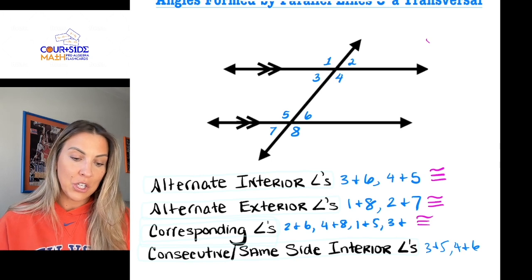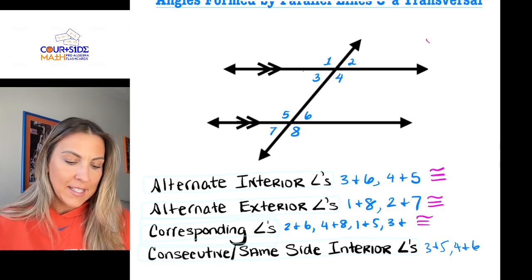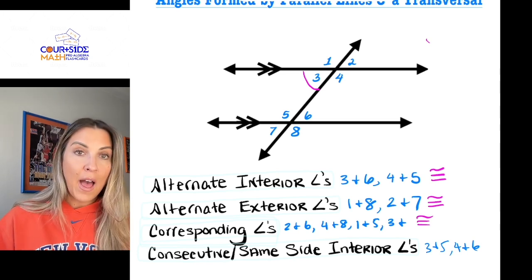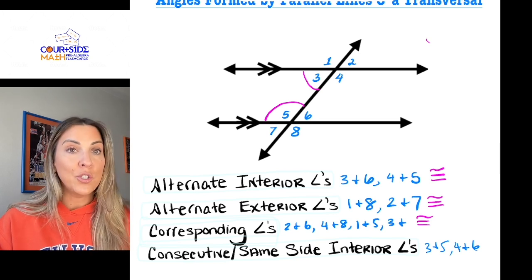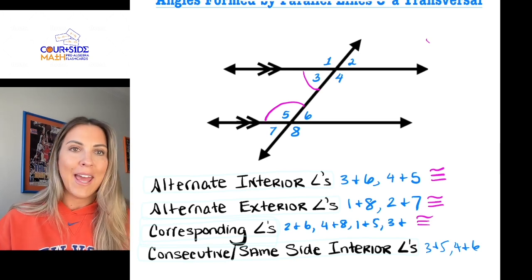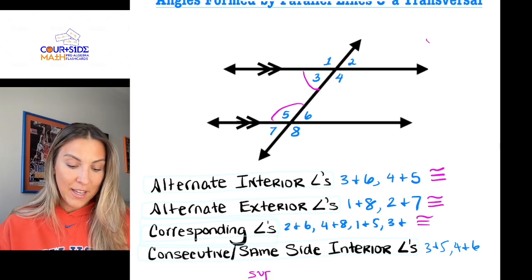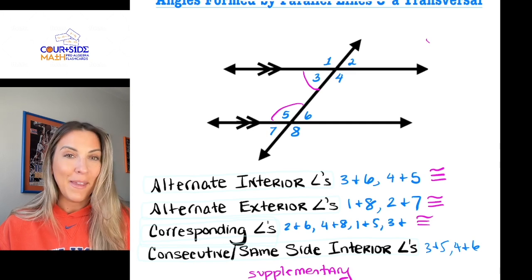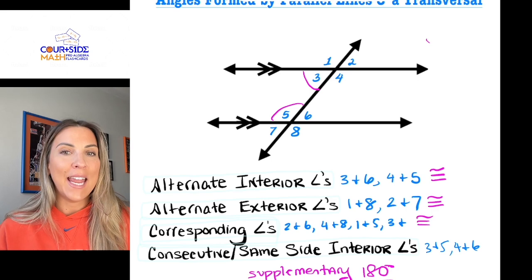However, let's just look at those angles for a second. Angle 3 is an acute angle, right? That angle is definitely less than 90 degrees. Angle 5, which is its consecutive interior angle, is clearly an obtuse angle. It's more than 90 degrees. So I know their relationship cannot be that they're congruent. The relationship between these angles is that they are supplementary. Now, do you remember what that means? That means that when I add them up, I get 180 degrees.